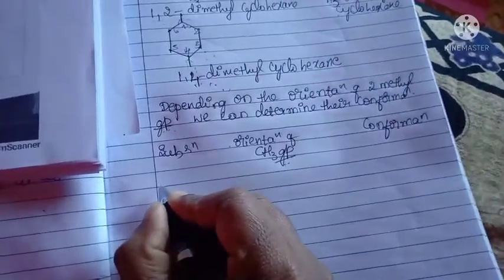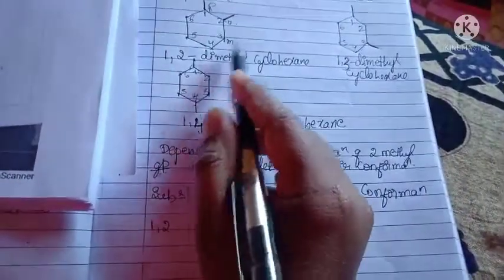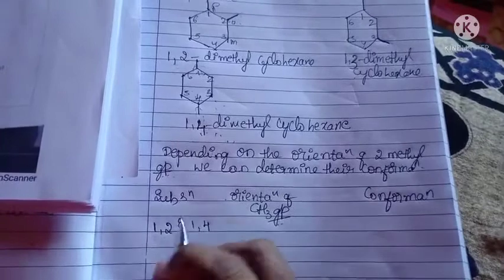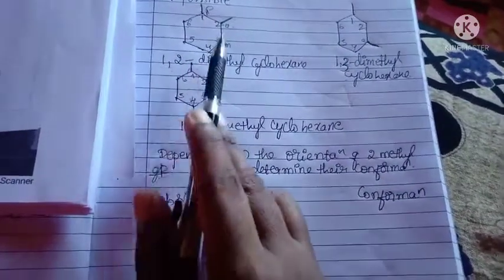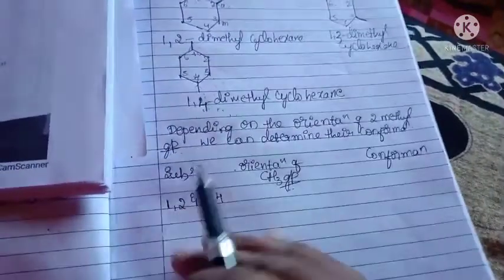In substitution, 1,2 means 1,2 dimethyl cyclohexane, and also 1,4. Both have the same orientation and conformation.